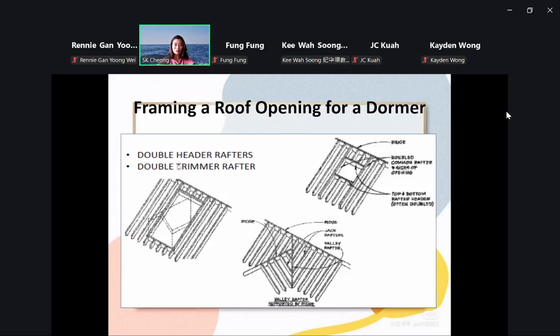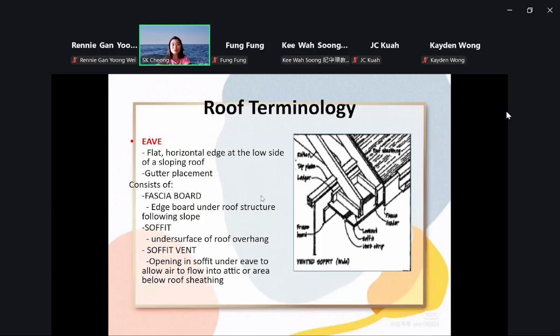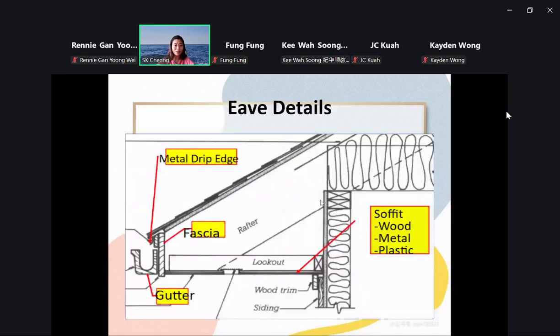Just to show you over here, a dormer is a small roof on top of a roof, right? And roof terminology. Eave. Where is the eave? It's a flat and horizontal edge. Over here, and the picture is not so clear. Come here, eave. So we have all this gutter.